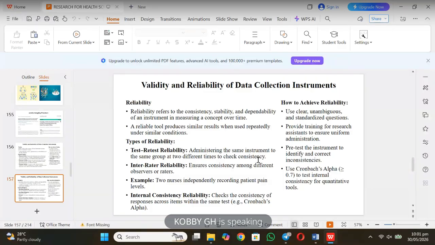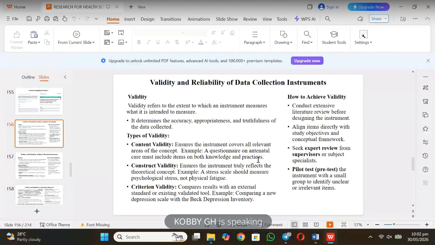Okay, good. Remember, all these things are quantitative. So the validity here, the content validity, construct validity, criterion validity, these are all under quantitative studies. Then we have the reliability: test-retest reliability, inter-rater reliability, internal consistency.